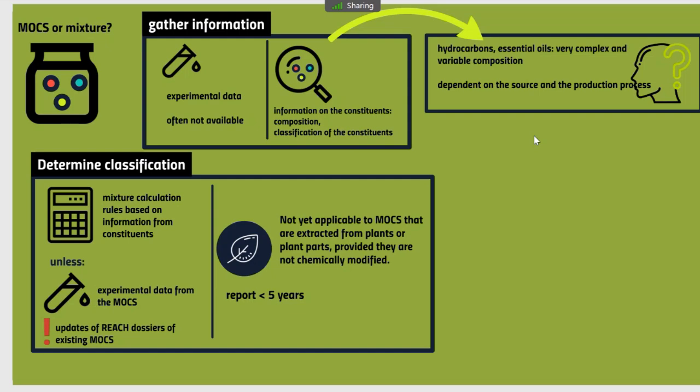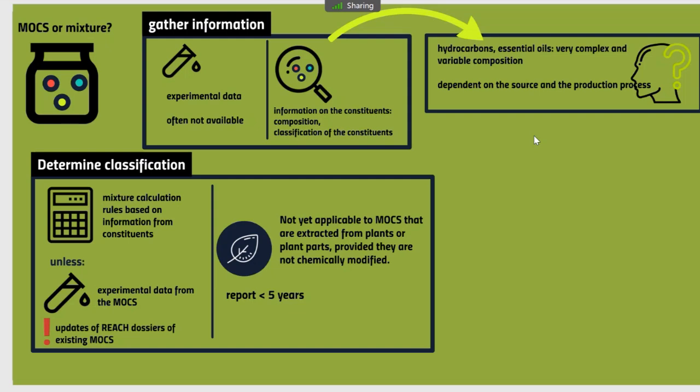Because the CLP revision is now in place, we already see that a lot of REACH dossiers of existing MOCS are already getting updated, and that the classification has changed.